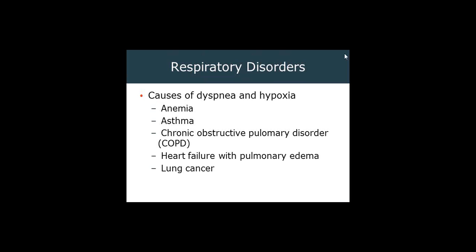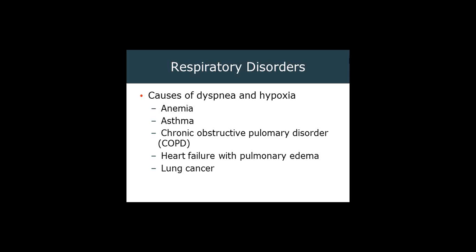So we'll now start to talk a little bit about the specific medical conditions, or at least the systems, and some of the things that we may see in the elderly patient. So we know that there's a number of respiratory disorders that affect us over time, probably one of the biggest ones being COPD. But heart failure, which is technically a cardiovascular issue with sequelae that affects the respiratory system.